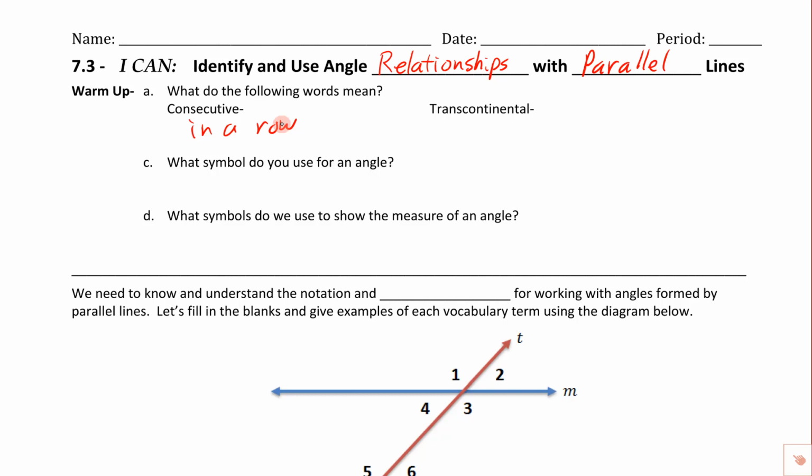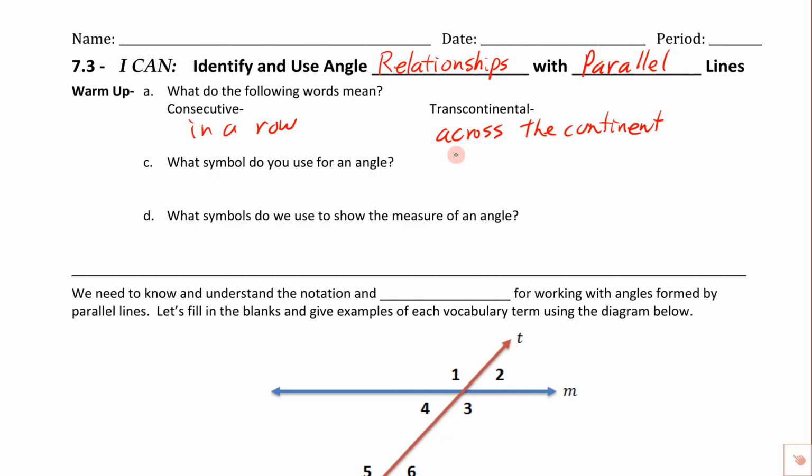And you may have heard of transcontinental or transoceanic. Trans means across. So transcontinental means across the continent. If you took a transcontinental flight, you might fly from like New York to LA or something like that.